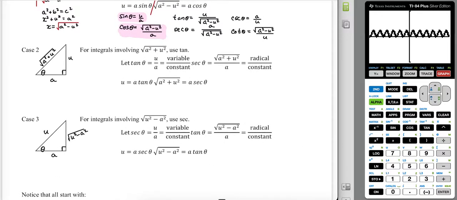If we're looking again at different ratios, we'd have sine theta, cosine theta, tangent theta, secant theta, or cosecant if you wanted to go with that one first, cosecant theta and cotangent theta, and their corresponding ratios.